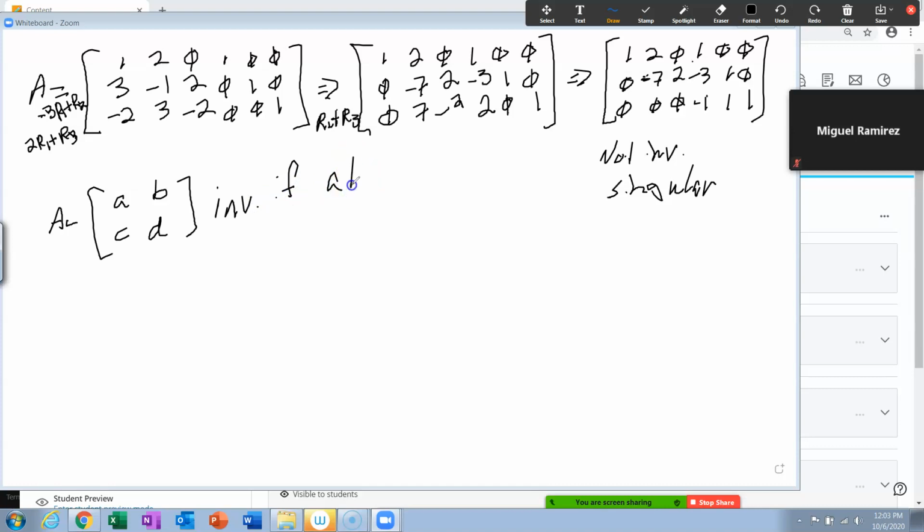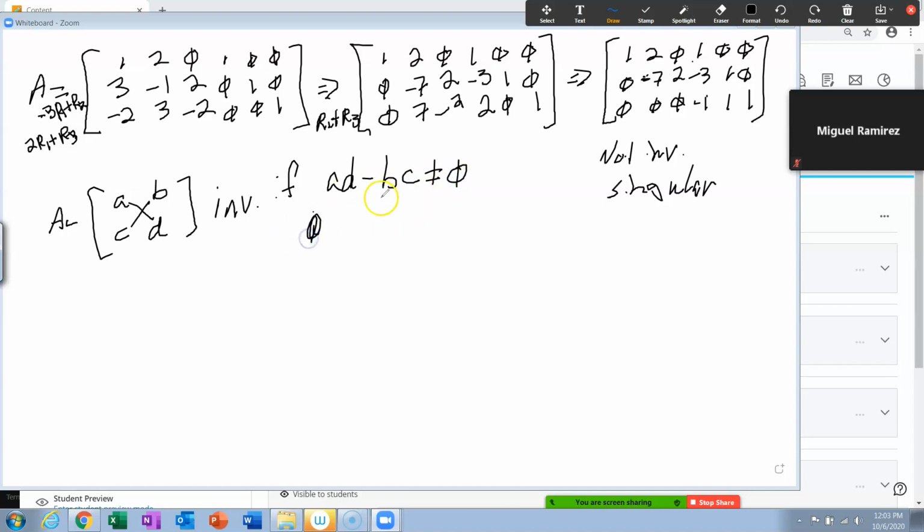AD, the cross product this way, minus BC, I want to make sure I wrote it the same way they did, minus BC, which is the upper cross product. If that result is not equal to 0, this is invertible.